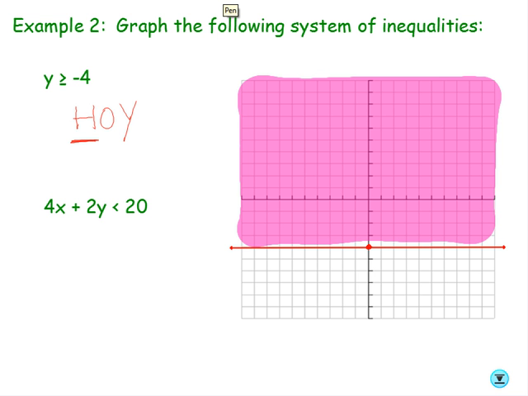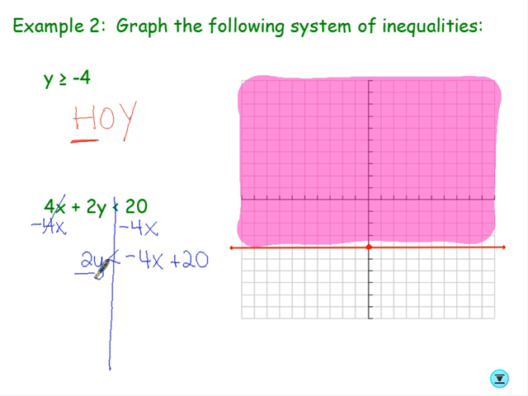Let's look at the second one. Is y by itself this time? No. So I'm going to switch to blue, put up my line, move x first, so I'm going to subtract 4x. I keep my 2y, I keep my less than, I then have negative 4x plus 20.